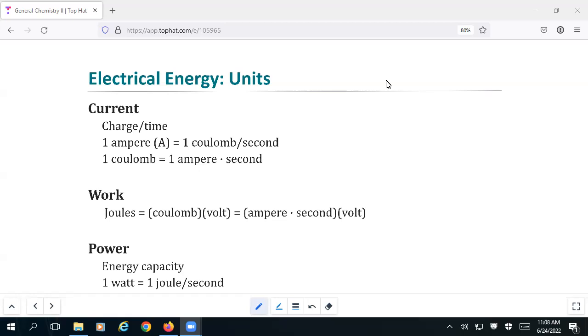The standard unit for current is the ampere or the amp. It's given by a capital A. An amp is simply a coulomb delivered every second. So if I have a 1 amp current, that means that current is delivering 1 coulomb of charge every second.